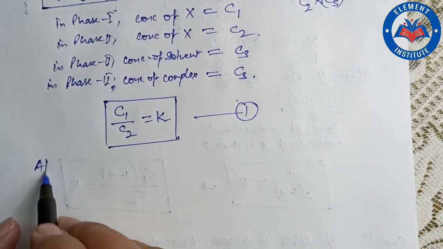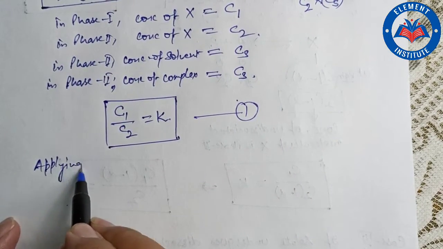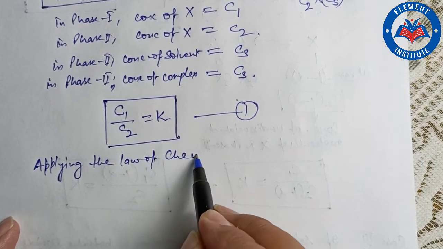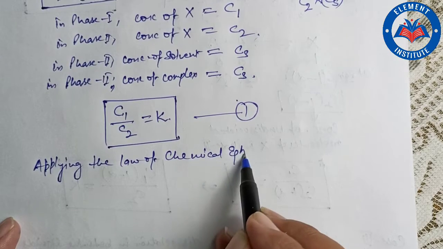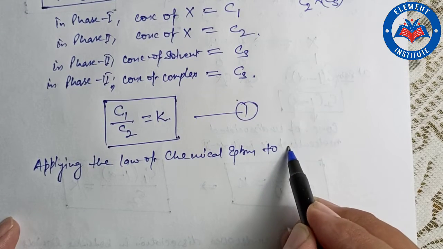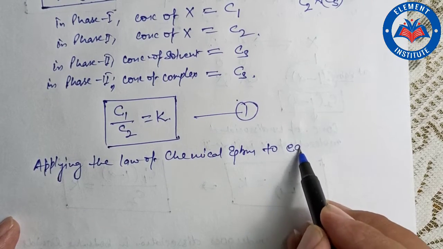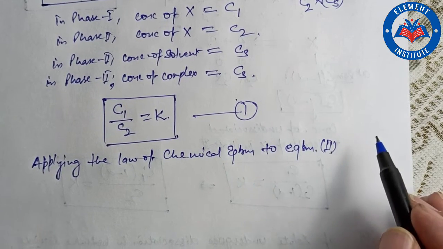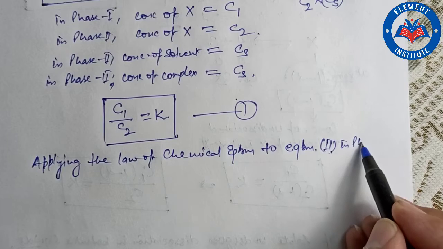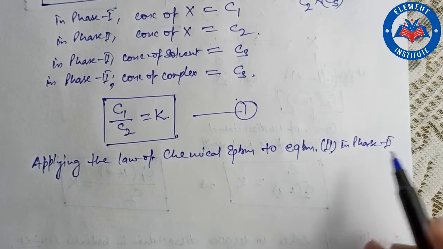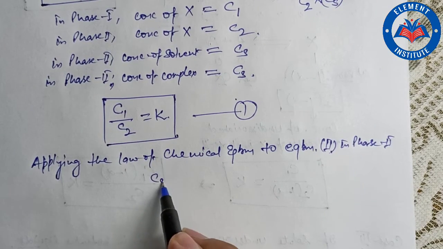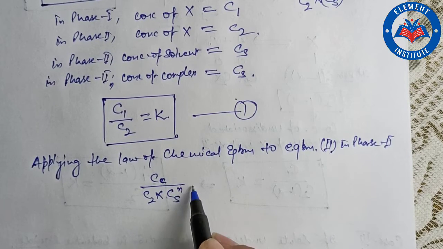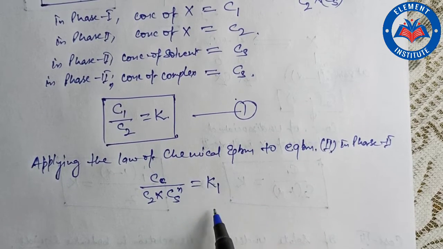Now applying the law of chemical equilibrium to equilibrium 2 in phase 2, I can write CC upon C2 into CS raised to power N, which is equal to K1.